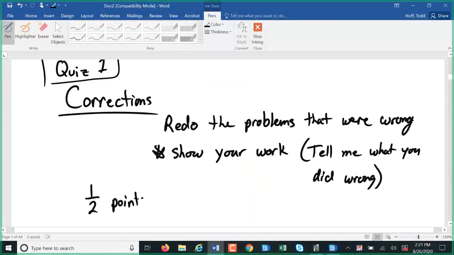So if you had a 6 out of 10, that turns into an 8 out of 10 if you do those corrections. Don't guess. If you're not absolutely sure that you have them right on the corrections, don't turn them in yet. Either work with a classmate or talk to me. I'd be happy to sit down and walk you through those corrections step by step if I have to. So don't lose out on points by turning them in without being sure that they're correct.